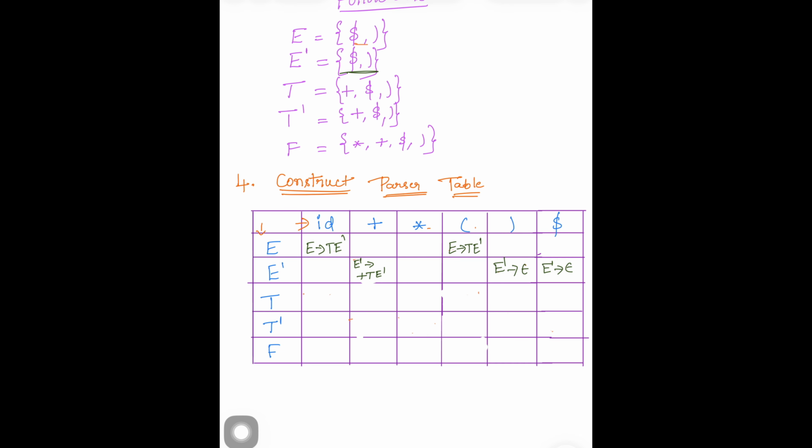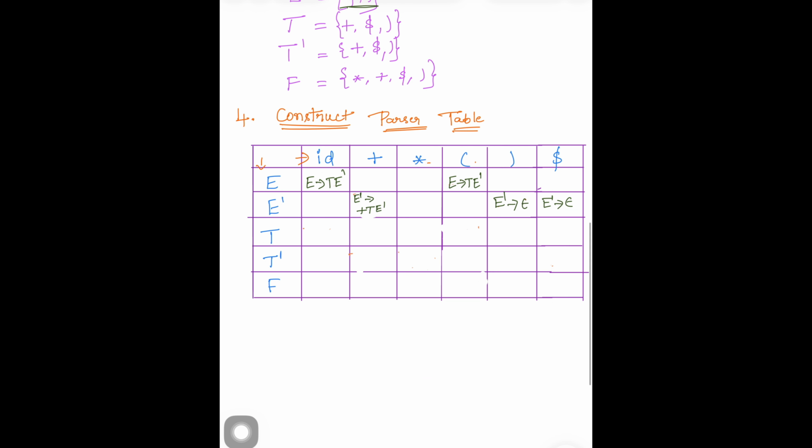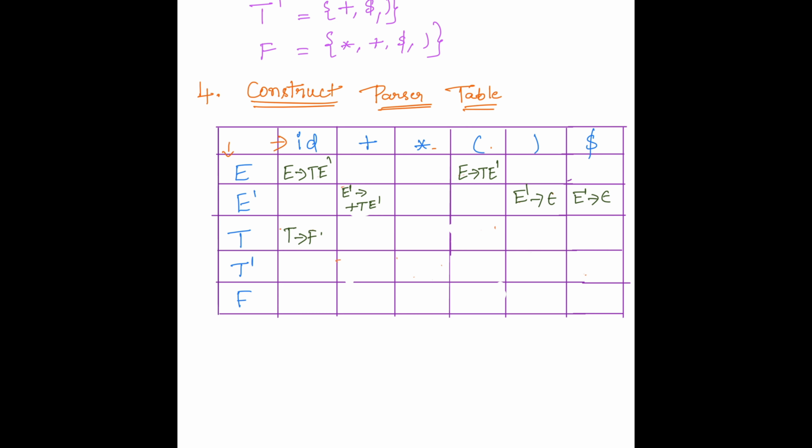The next is T produces T prime. The first of T is open brace comma ID. So we write T produces T prime under open brace and ID. T prime produces epsilon.